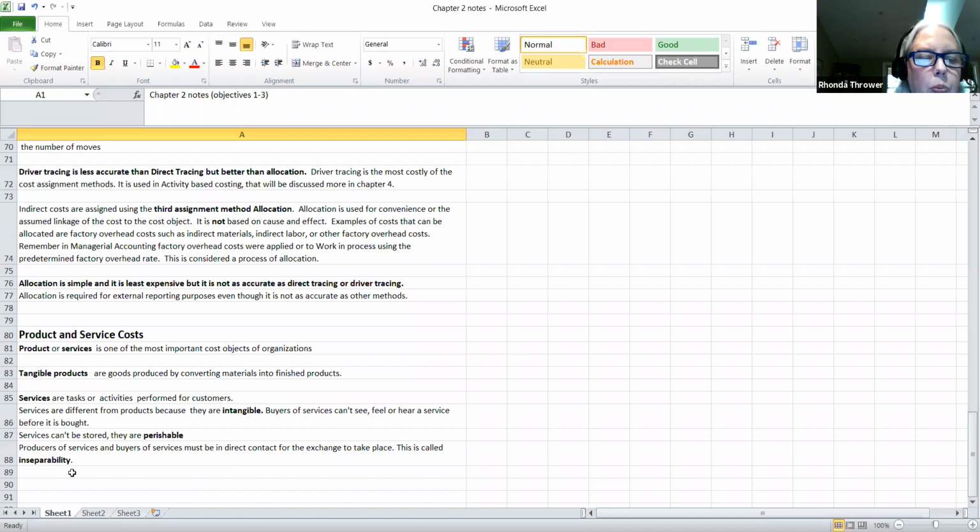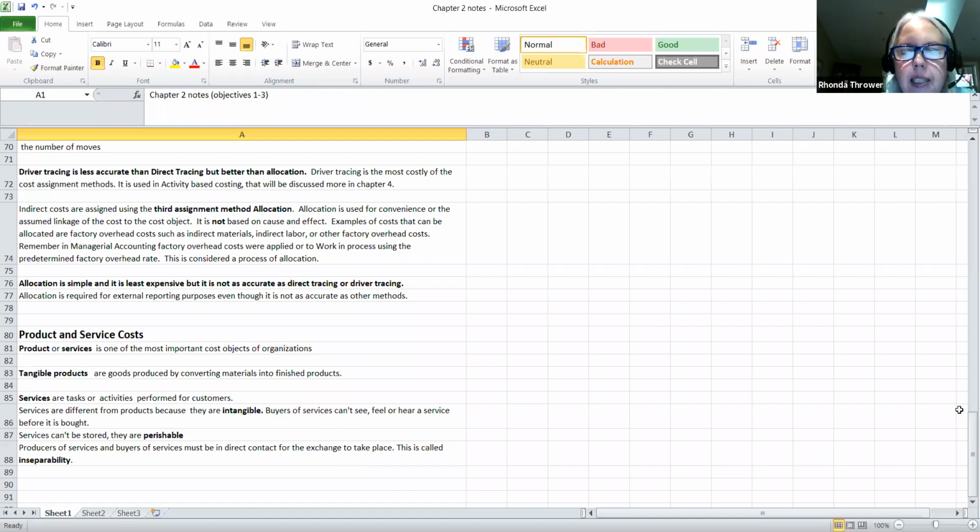And this is what we call inseparability. So services are intangible, they are perishable, and they are inseparable, which just means that the company that produces the services and the customers of the company have to be in direct contact for an exchange to take place.